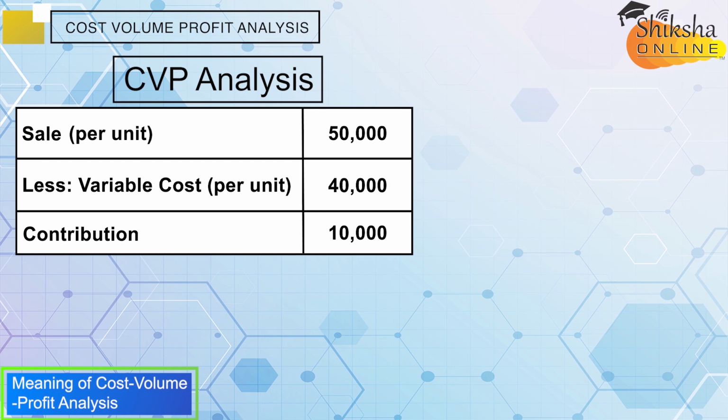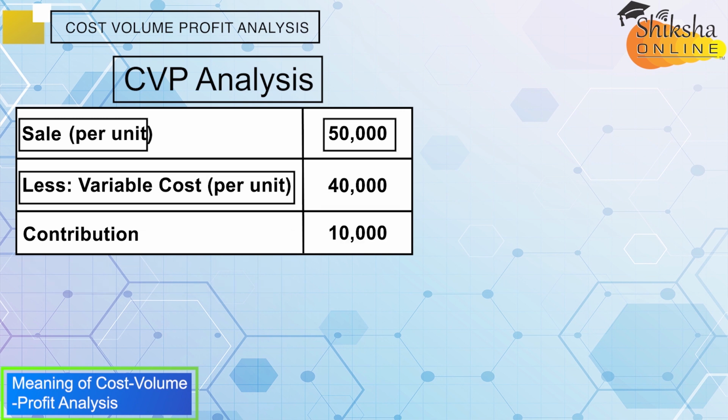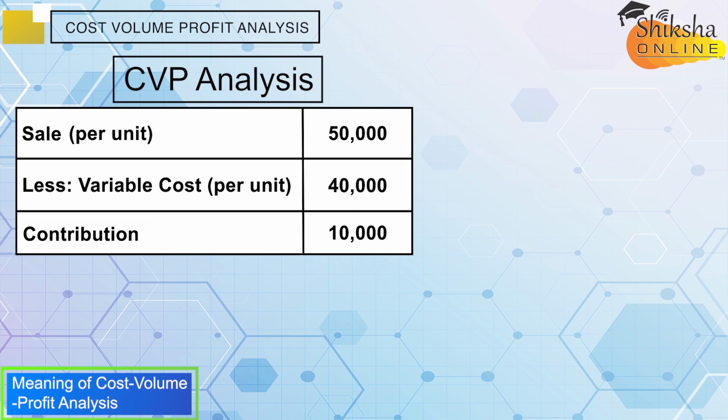Now you can see the table on the screen where sale per unit of one laptop is 50,000 and variable cost per unit is 40,000, and contribution we get after deducting variable cost from sales is rupees 10,000. You can see this on screen.